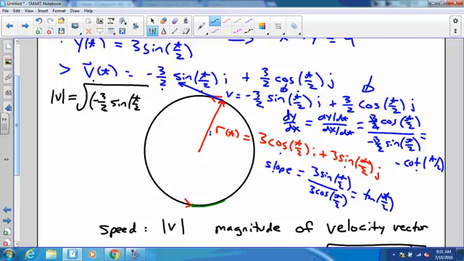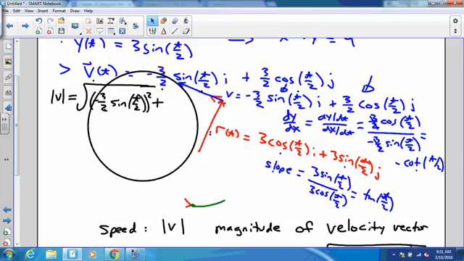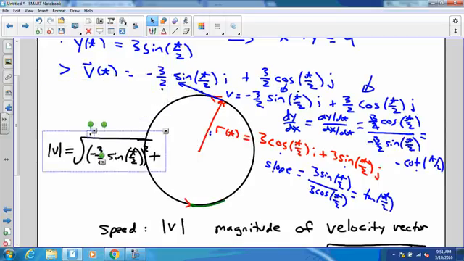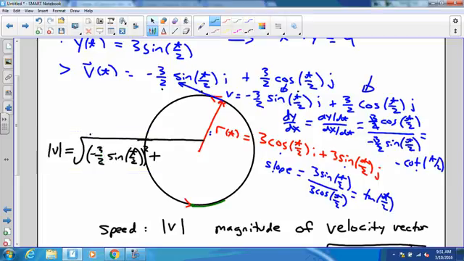Then the speed for this particular circle is going to be the square root of negative 3/2 sine of t over 2, quantity squared, plus 3/2 cosine of t over 2, quantity squared.